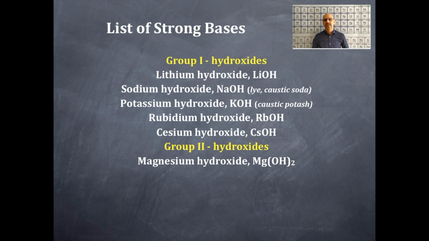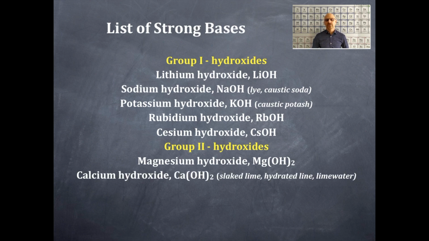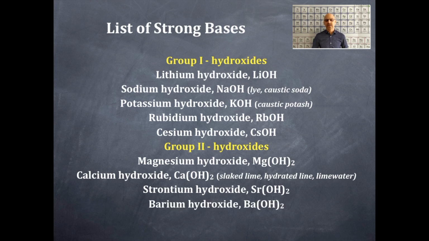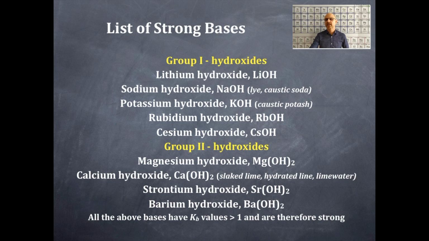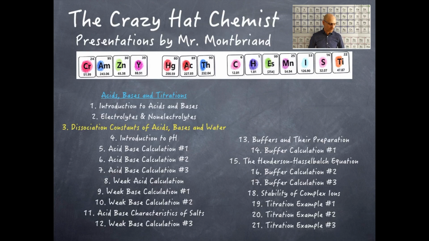Magnesium hydroxide, calcium hydroxide, which is slaked lime or hydrated lime or even lime water, strontium hydroxide, barium hydroxide. Okay, these all have Kb's because they're bases, that are greater than 1 and are therefore strong. All the others are weak.